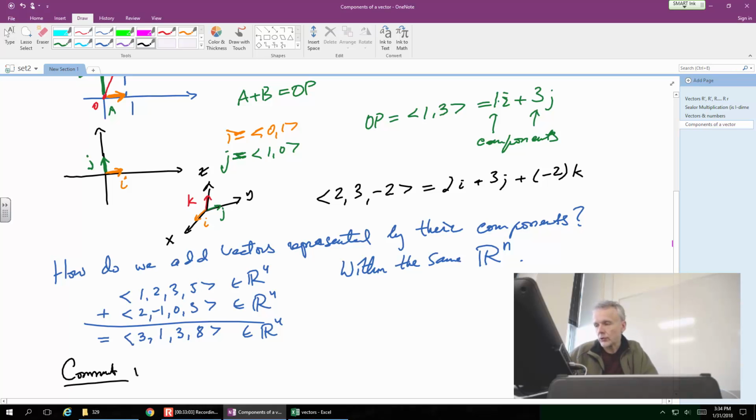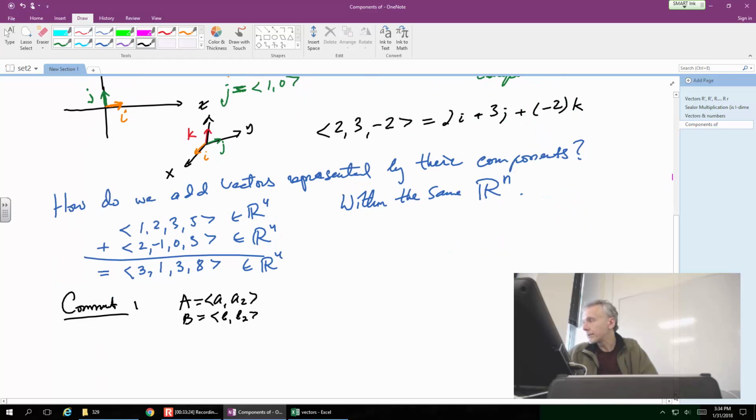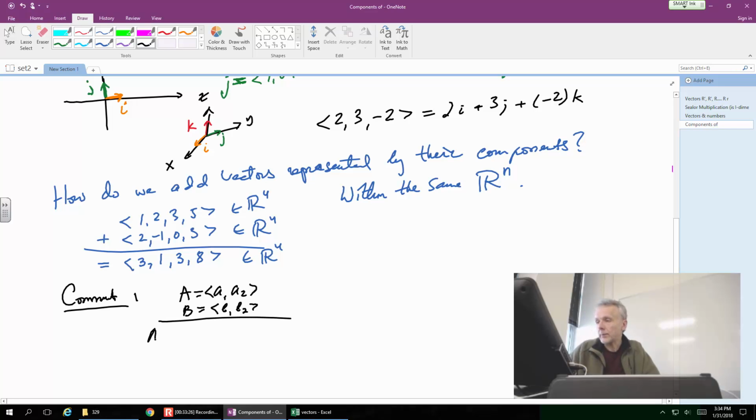Let's say in dimension 2 we have a vector A, and B. Let A equal (a1, a2) and B equal (b1, b2). If I add A plus B, we know it's supposed to produce (a1 plus b1, a2 plus b2). That's what component-wise addition is.